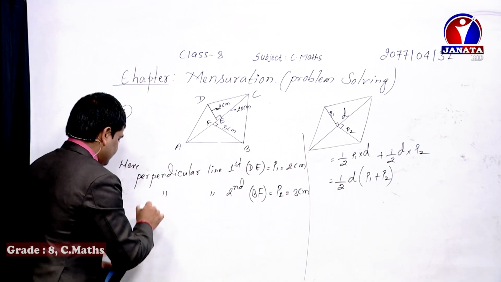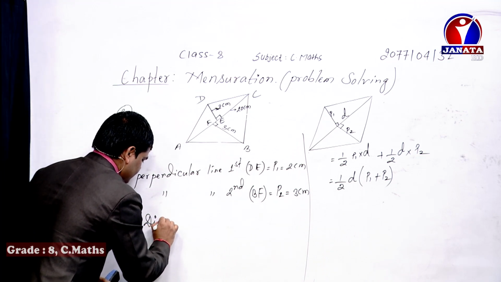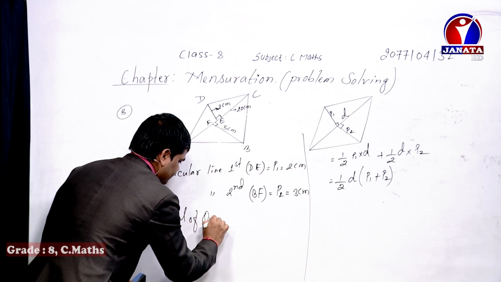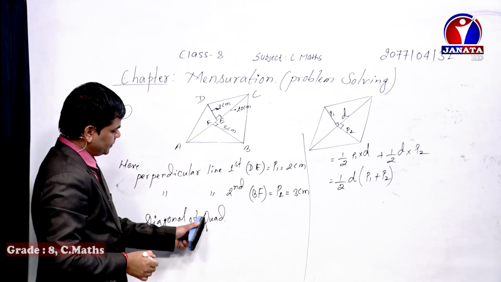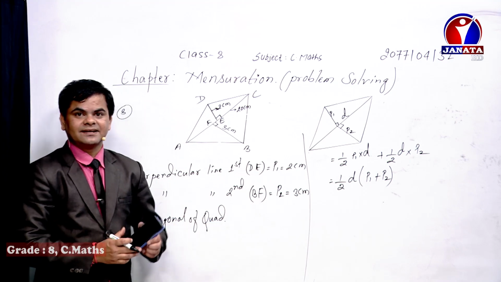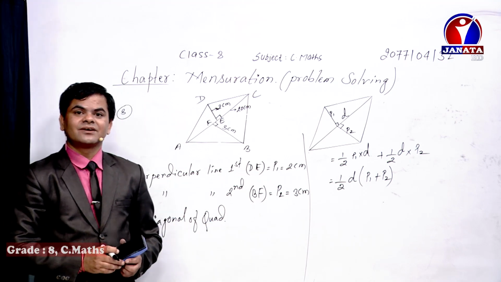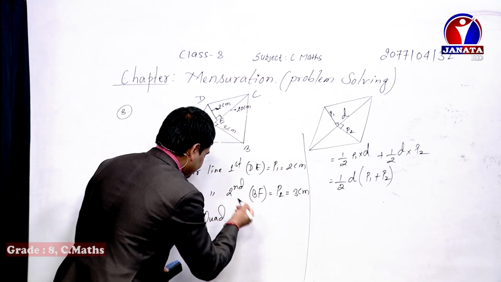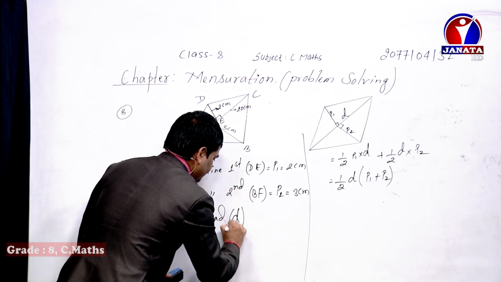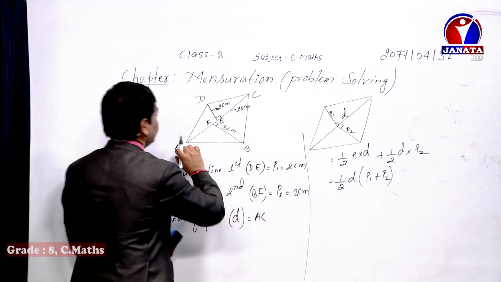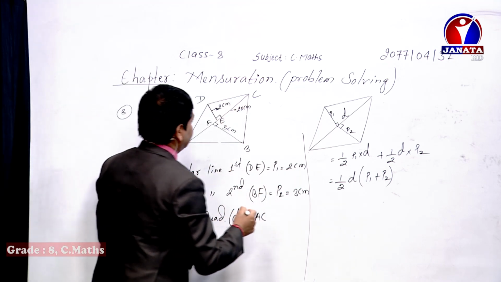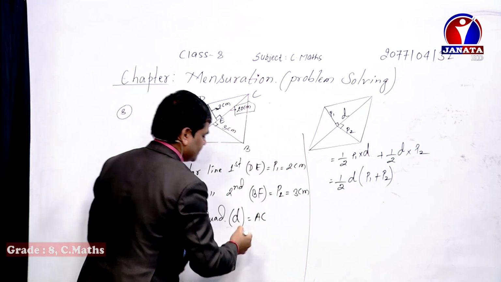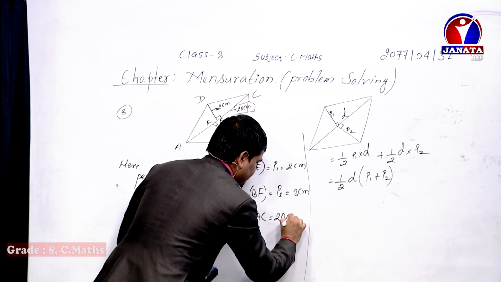Now diagonal of quadrilateral, QUAD dot, in short form it represents quadrilateral, so no need to write the full word. Quadrilateral D equals AC. Here the AC diagonal is joined, so what is the length of AC? Just now I mentioned, it is 20 centimeter.